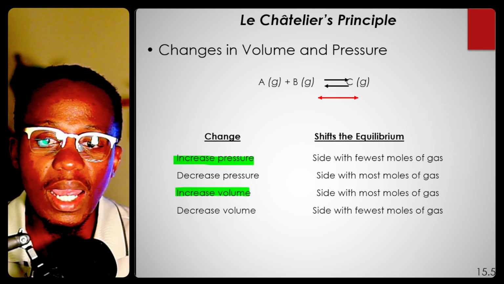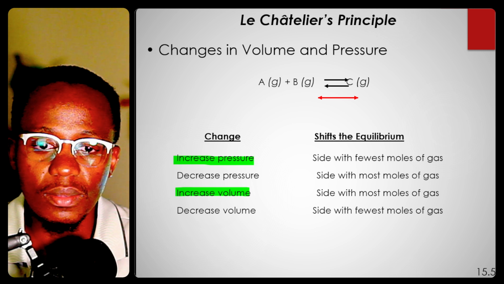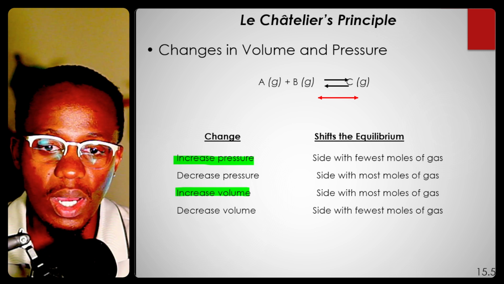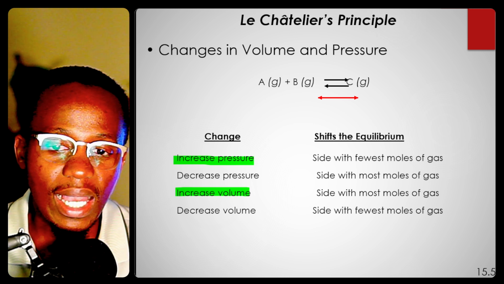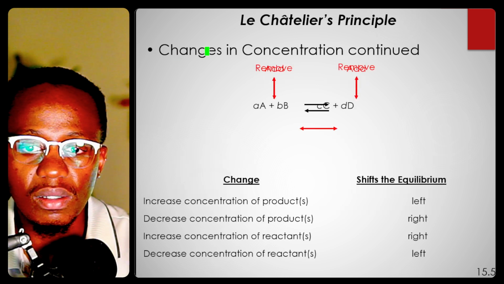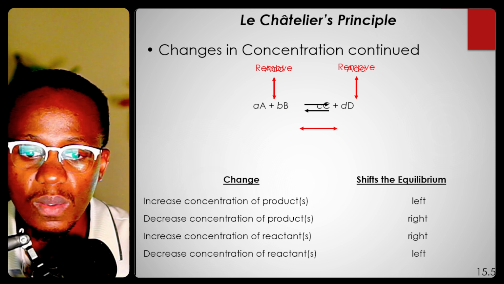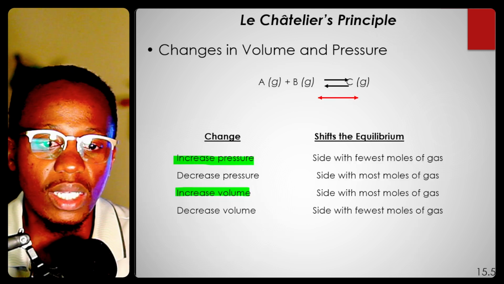The pressure and the volume, the way they shift depends on how many moles you have, right? So this is in the gas phase, right? This is for the concentration.